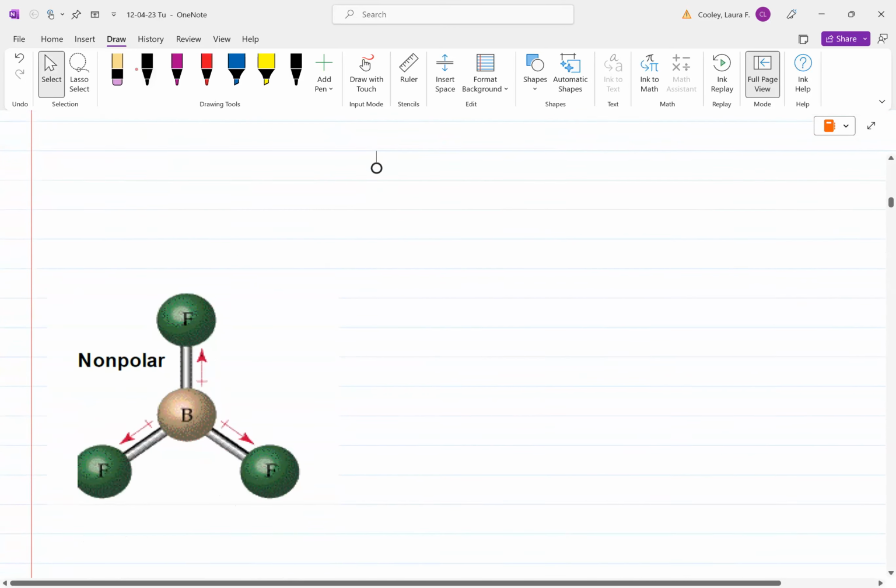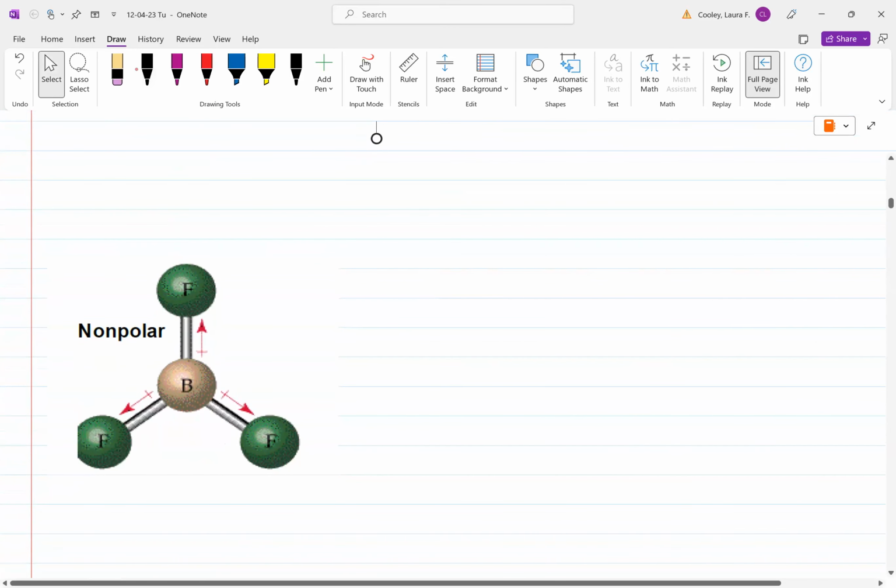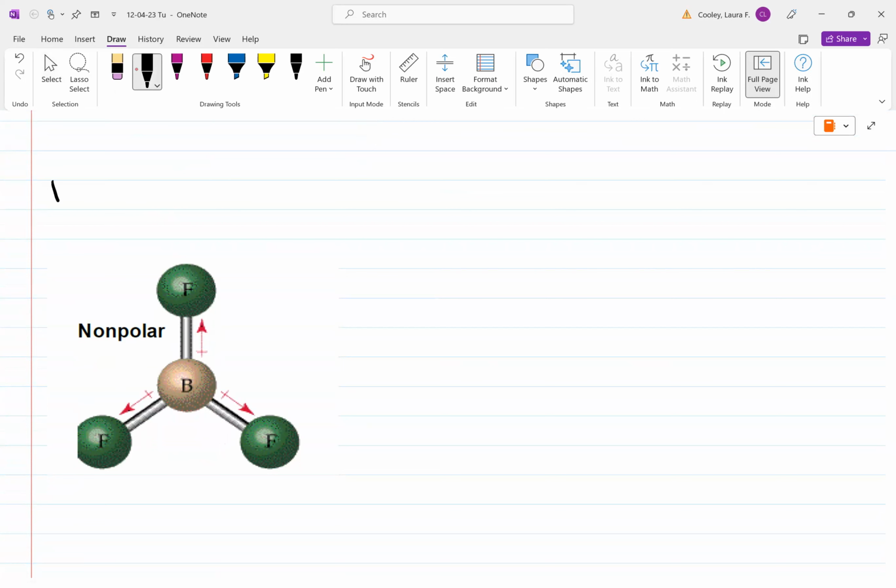Okay, the next one I want to talk about, this is an unusual situation because remember, this is boron, and boron can accommodate 6 electrons very nicely and be satisfied.